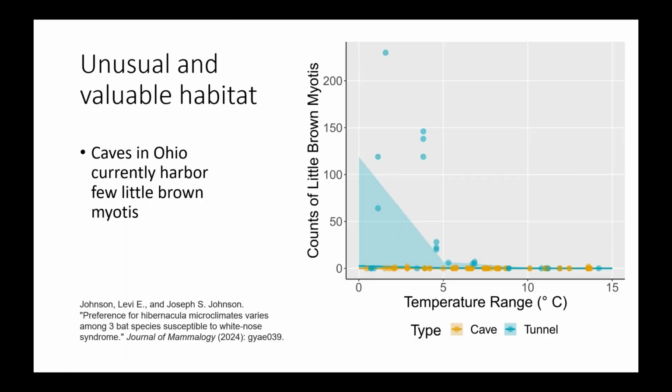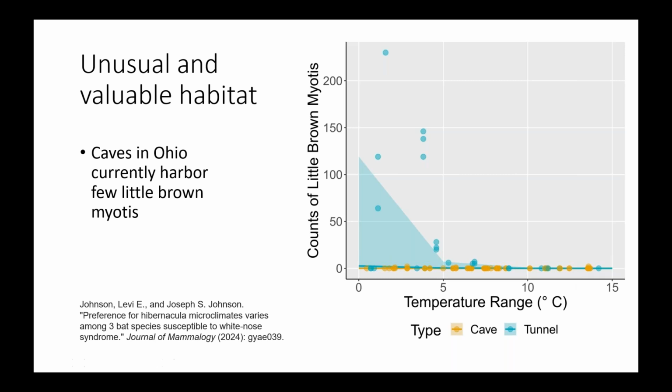Something that I should also say is, these numbers of bats that we'll talk about in some of these railroad tunnels, it was unique to those railroad tunnels. This is just a graph from one of my students' works that he published recently. You're just looking at blue dots compared to orange dots. Blue dots are counts of little brown bats in a couple of railroad tunnels versus orange dots being in caves.